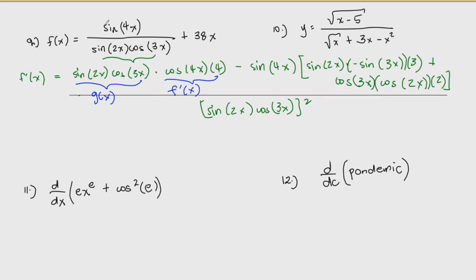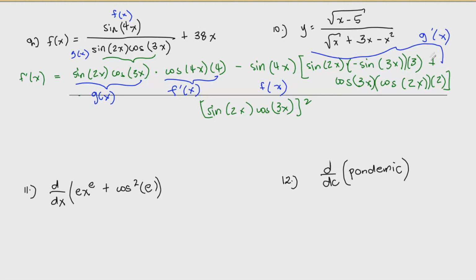As you can see, this is our f of x, and this one is our g of x. In this case, this is the f prime x, and in our quotient rule we get 1 and then minus f of x, so we just copy this f of x and then take the derivative of our denominator, which is this whole term here, our g prime x.